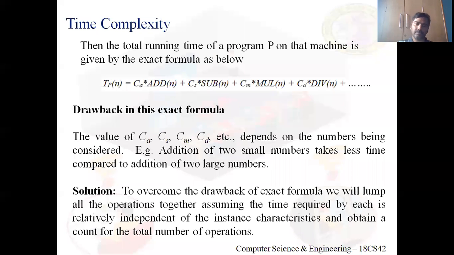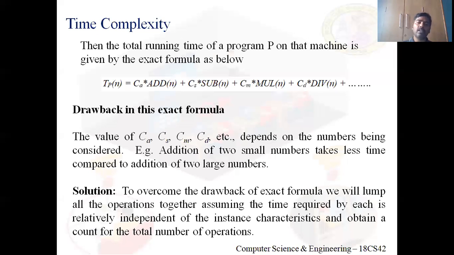Time complexity, I'm not going to say in terms of seconds, microseconds or nanoseconds. Time complexity I will measure in terms of an independent metric, and that is nothing but what we call a step count or operation count.